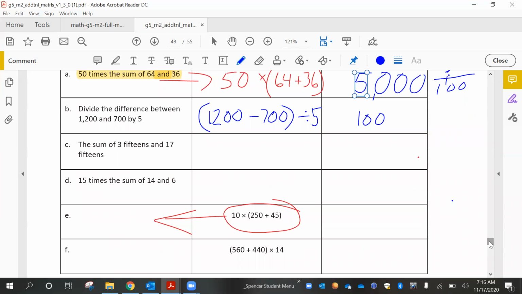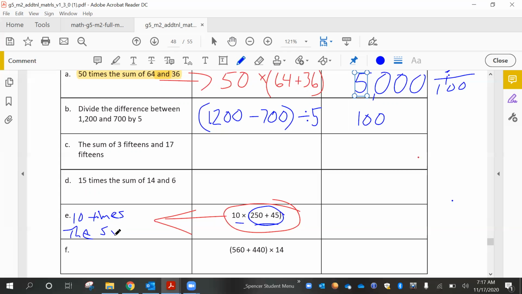All right, so now let's take a look at this one that's red and circled, just the number expression. And let's try to go back to words. Well, let's read it. Well, it's 10 times 250 plus 45. Well, the 250 and 45 is in parentheses. So we have to do that first. So it's 10 times what? The sum, because it's the answer of an addition problem.